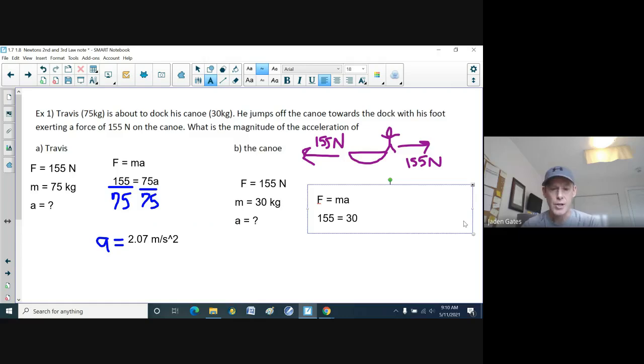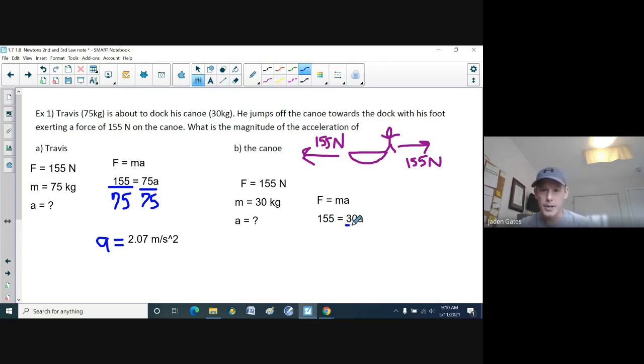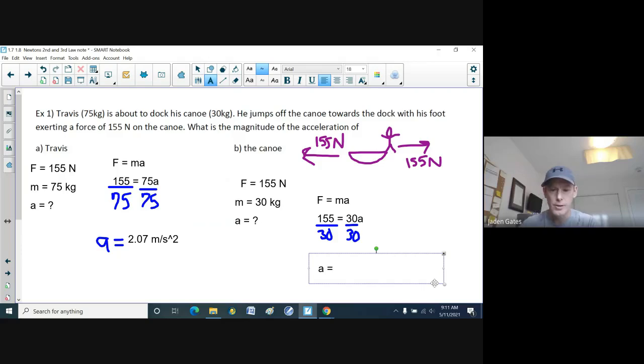My mass is 30, and we're trying to find the acceleration, same idea as the last formula, just a different mass. So I divide both sides by 30, and my acceleration is equal to 155 divided by 30, which is 5.17 in standard units, meters per second squared.